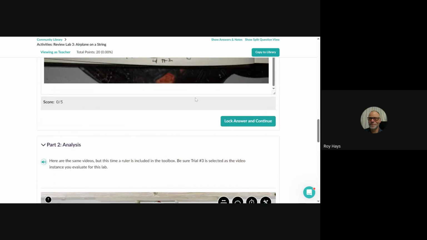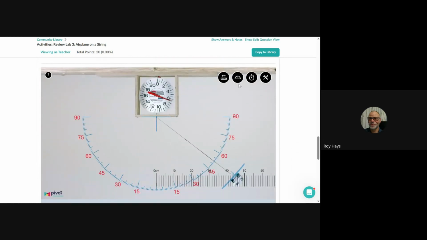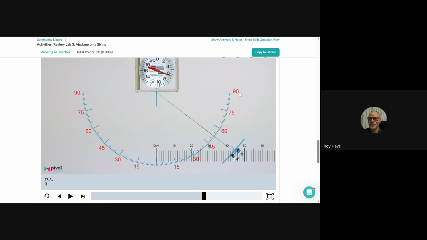Notice that once you make your predictions, it's going to lock your answer. This will then give you the opportunity to use the ruler tool to actually measure the radius of that circular path.